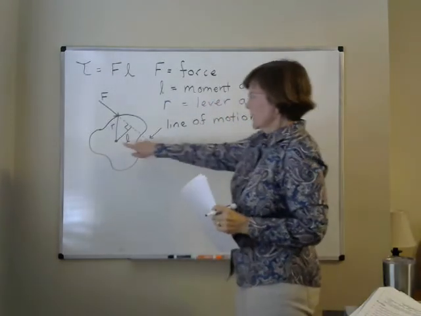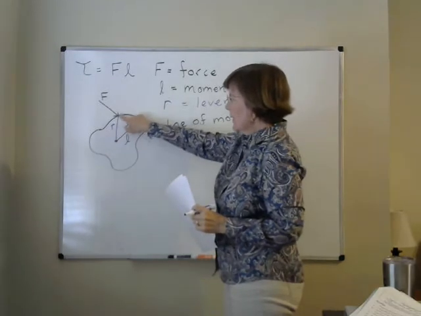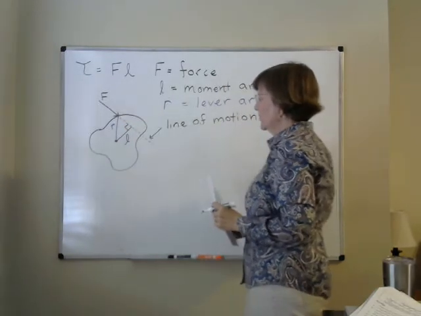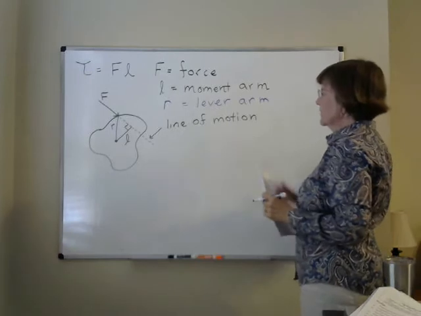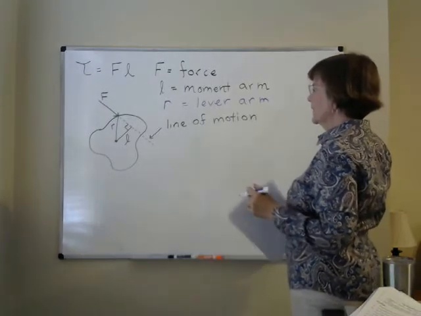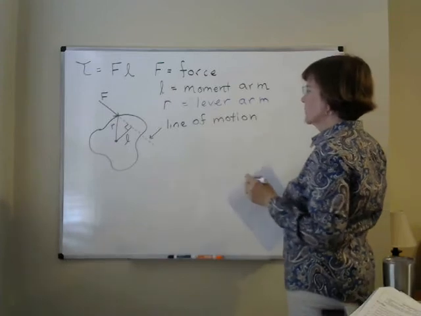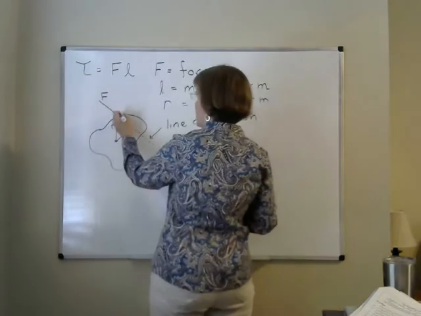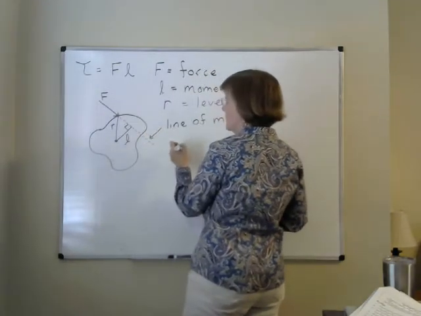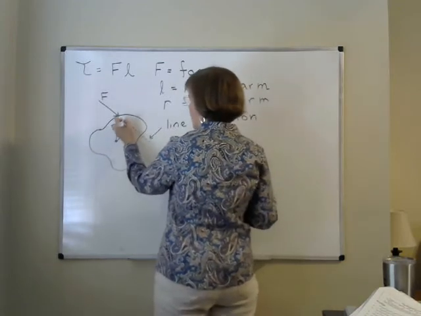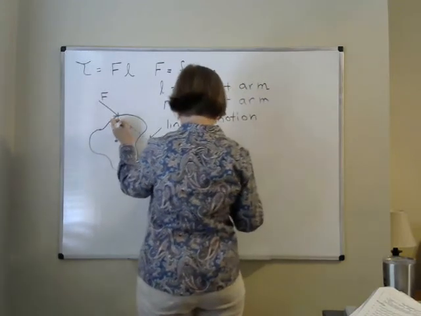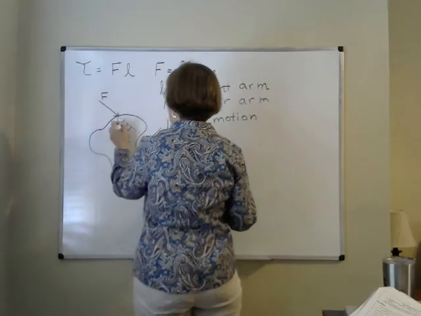You want to rotate it about this point, you apply the force right there. In terms of the moment arm, if we think about the angle between the force and the lever arm, so the force is applied along this line, this angle right here, I'm going to call phi.